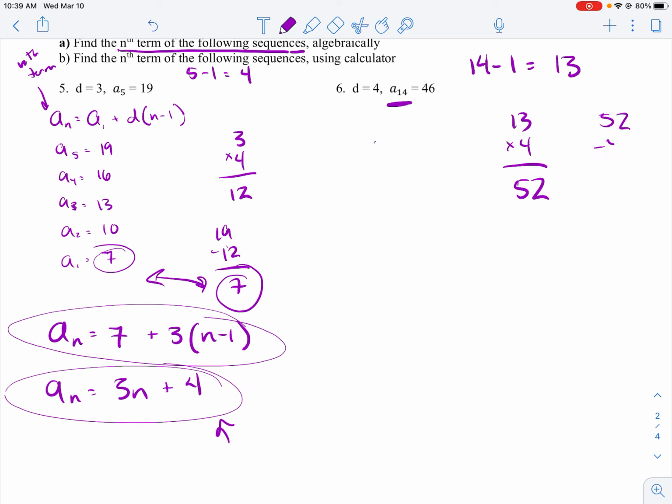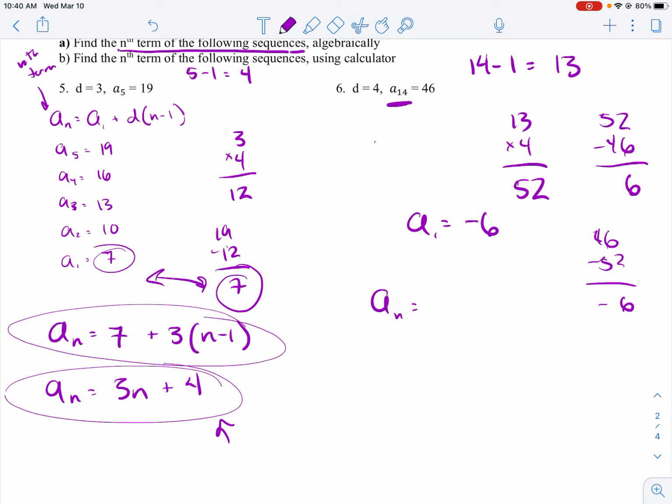Okay, and then we're going to go 46. Well, I don't want to do it that way. But 52 minus 46 will give me a 6. But remember, we're subtracting 52 from 46, so 46 minus 52 is a negative 6, and our first term is negative 6.